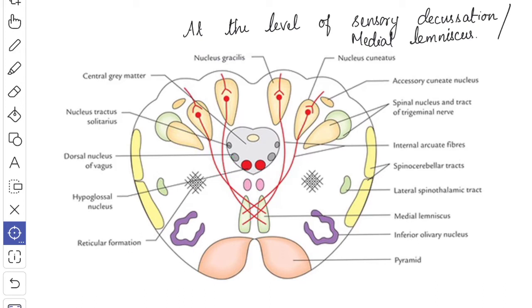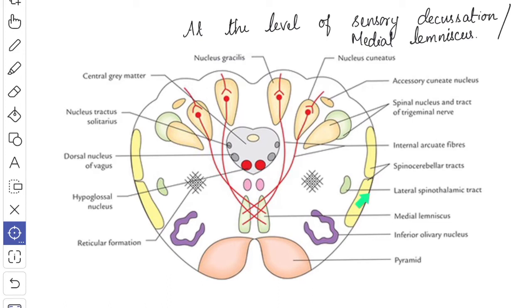Then you have the medial longitudinal bundle. This medial longitudinal bundle lies posterior to the medial lemniscus. It is a small compact tract of nerve fibers which interconnects the third, fourth, sixth, eighth and the spinal nucleus of the 11th cranial nerve nuclei.